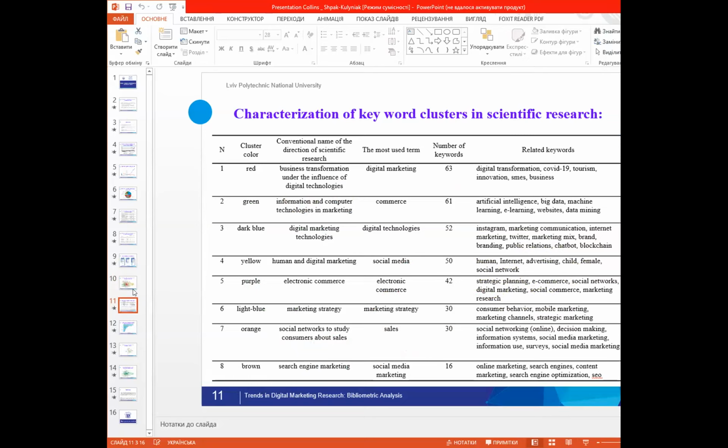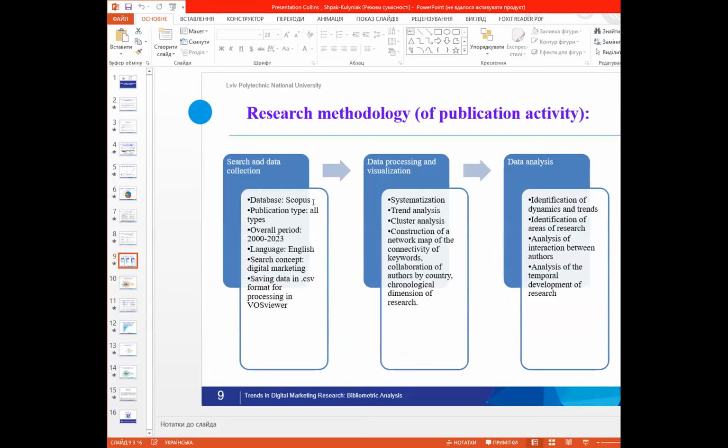So it was already mentioned that we used a period of almost longer than 20 years, and we researched all publications in Scopus that had these terms, this terminology.